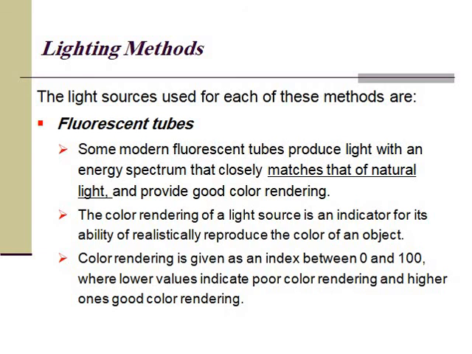Some modern fluorescent tubes provide light with an energy spectrum that closely matches that of natural light and provide good color rendering. Now, what is color rendering? The color rendering of a light source indicates the ability of this light source to reproduce the real color of an object. Color rendering is given as an index between 0 and 100, where lower values indicate poor color rendering and higher values indicate good color rendering.